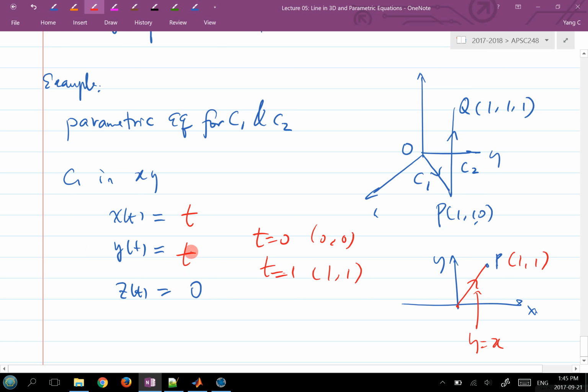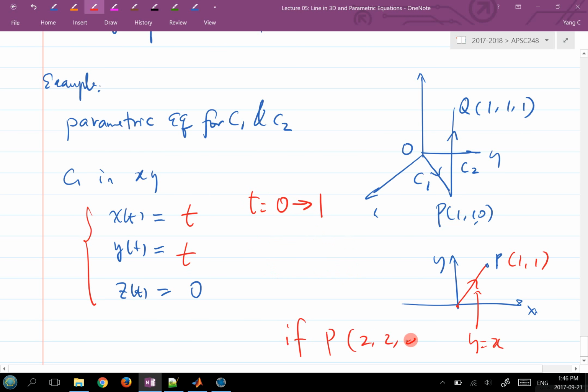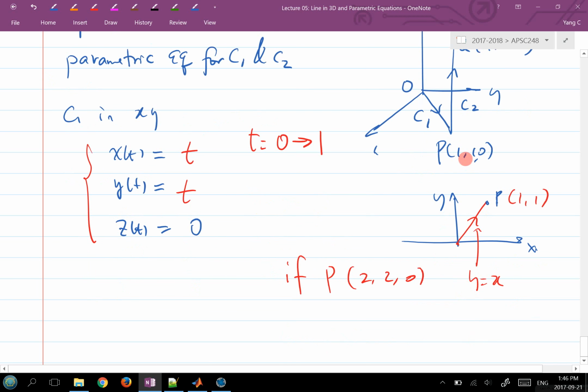When I use this one here, it's pretty natural that t goes from 0 to 1. But if P is 2, 2, 0, then you can still use the parametric equation, but t will go from 0 to 2.